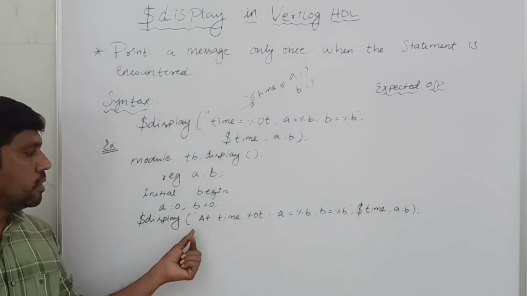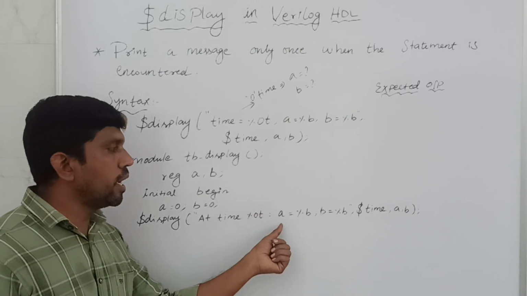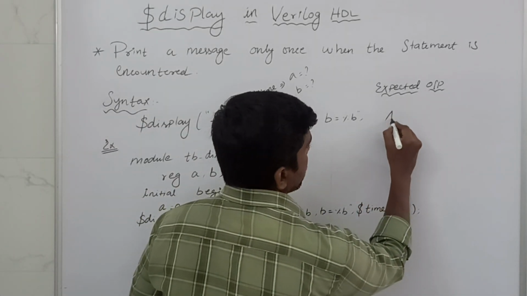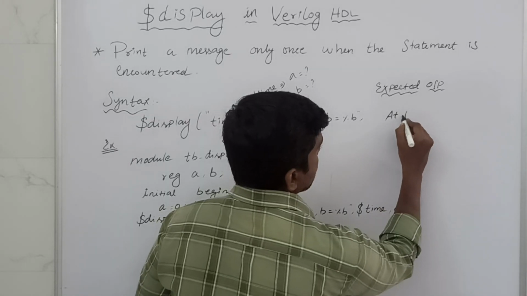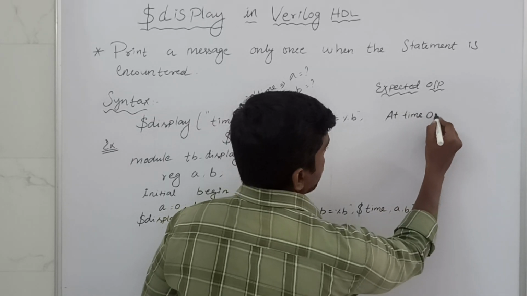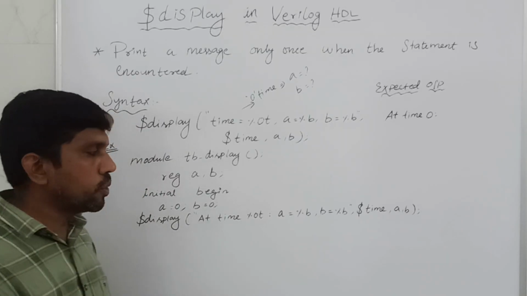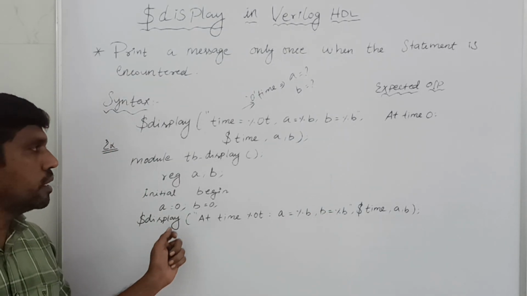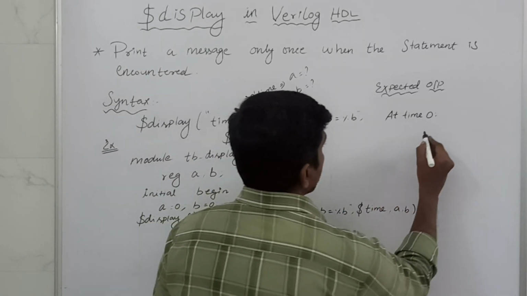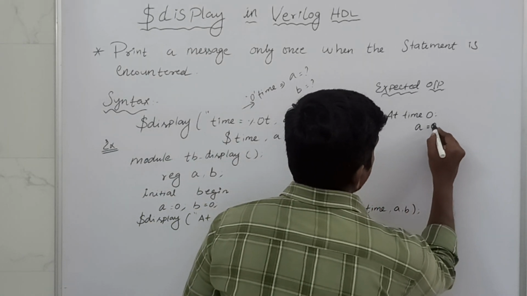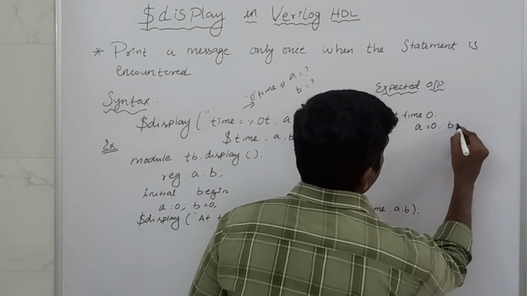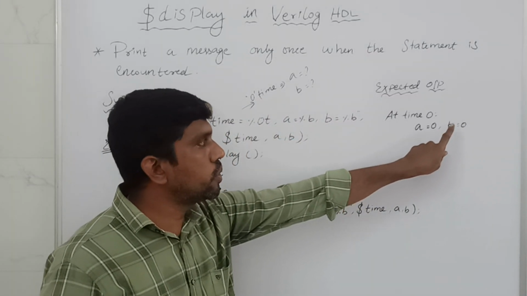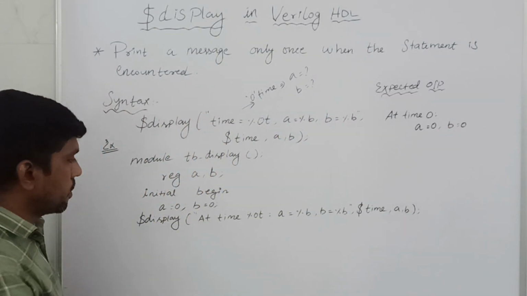In this statement I just display the value of a and b at the 0th time. Expected output is at time 0, what is the value present in a and what is the value present in b; that is displayed on the system. Now a equal to 0, b equal to 0. At time period of 0, a value is 0, b value is 0.